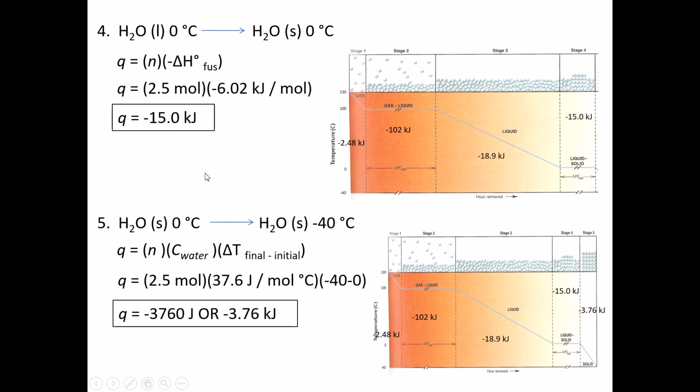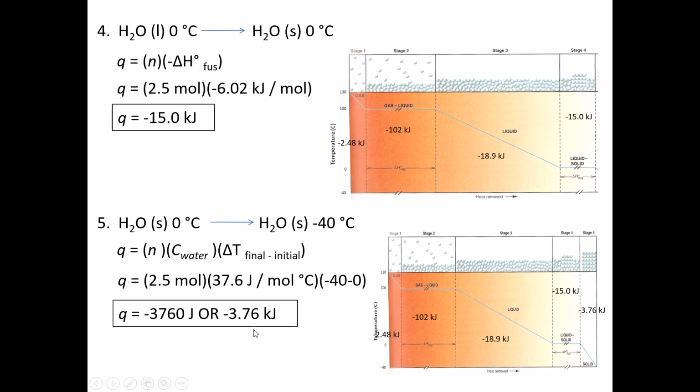Alright, and then our last step, water in the solid state at 0 degrees Celsius, we want to cool it down to minus 40. So we're working within a phase, so we have 2.5 moles times our heat capacity of a solid times our temperature change, final minus initial, for this step, to give us negative 3.76 kilojoules.